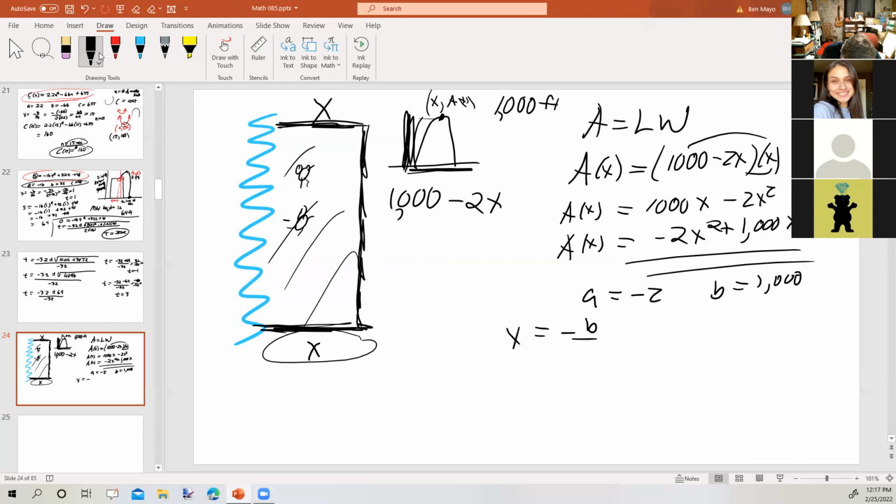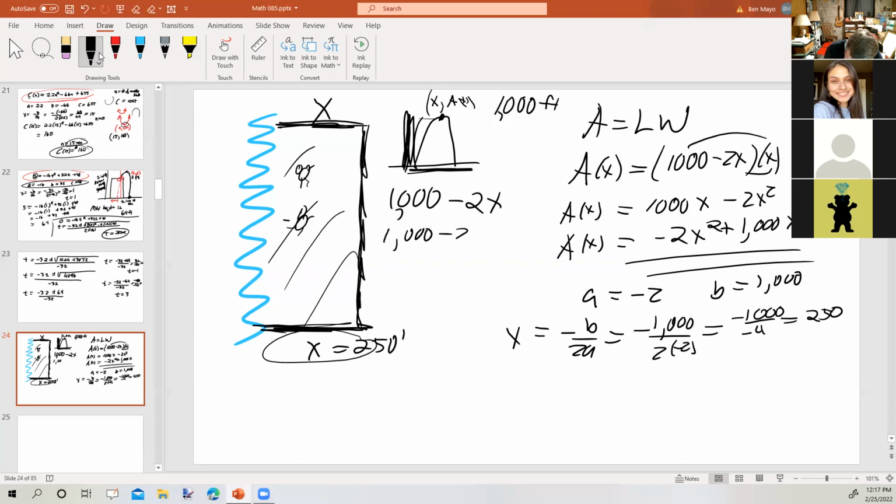X equals -b over 2a, -1000 over 2 times -2, which is -1000 over -4, which is 250. So this is 250. This would be what? 1000 minus 2 times 250, which is 1000 minus 500, which is 500.